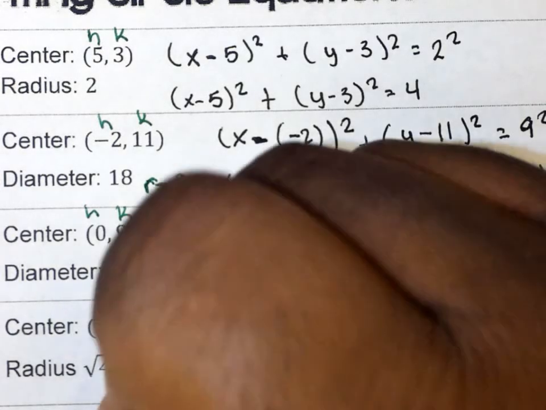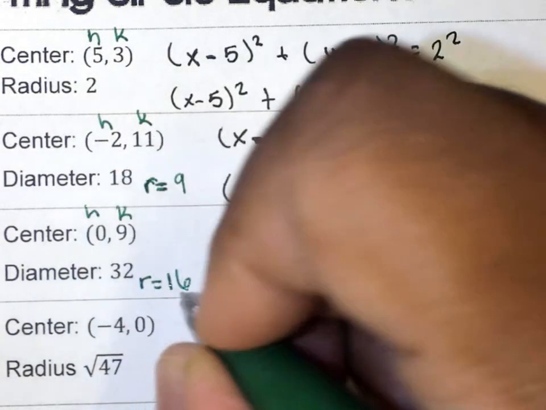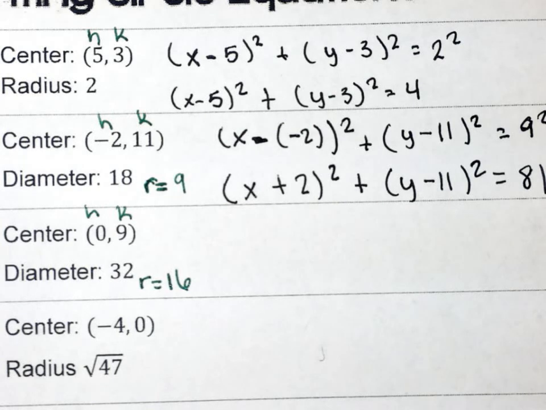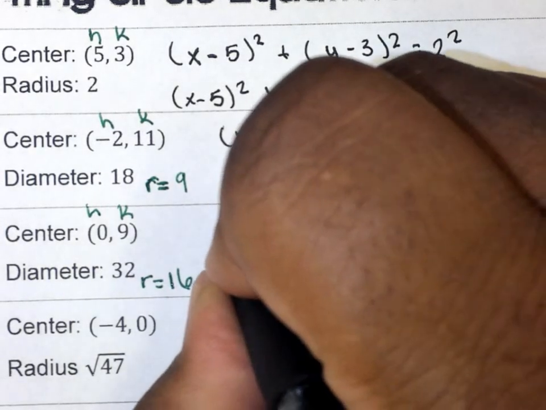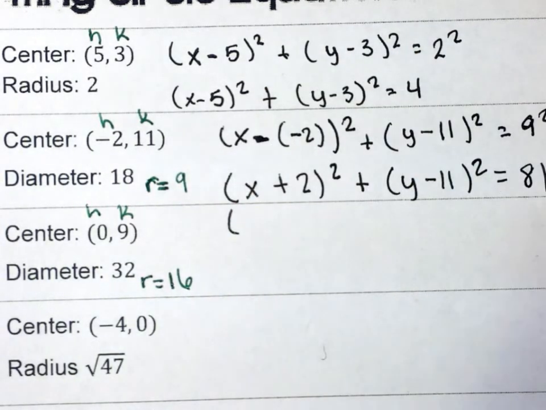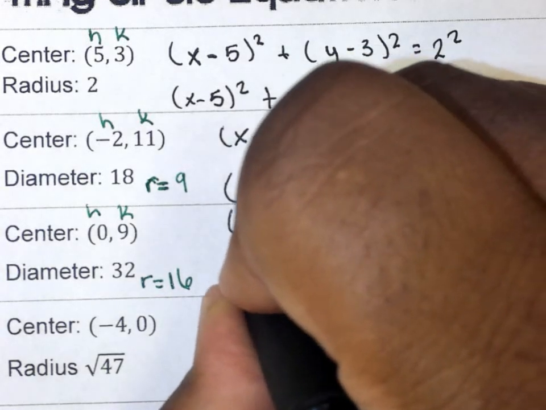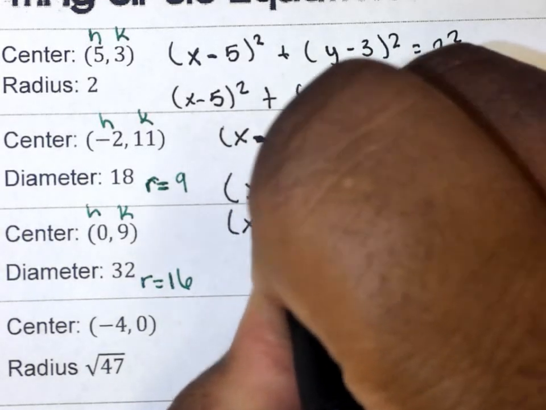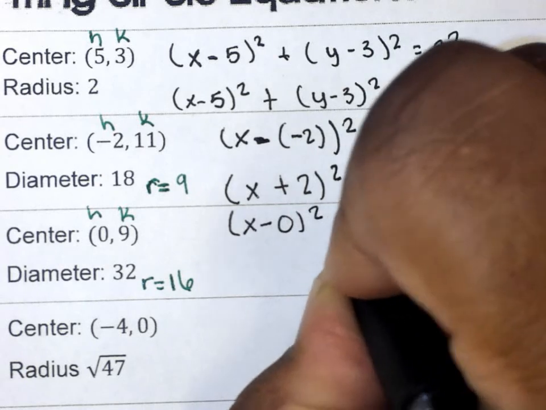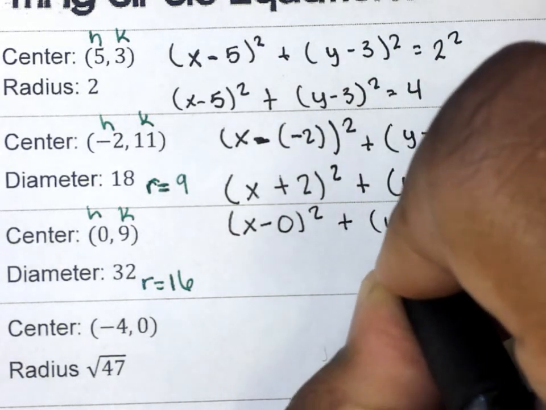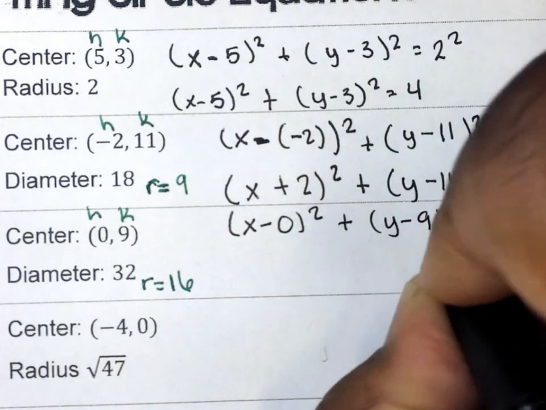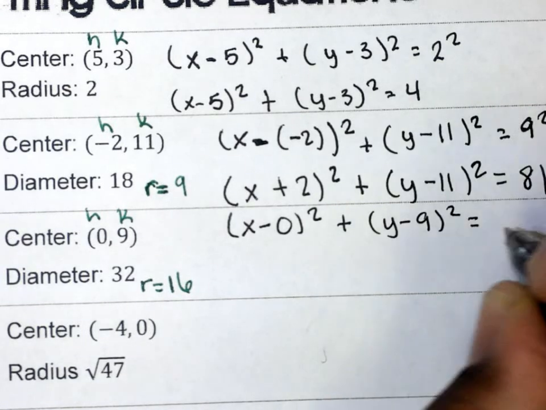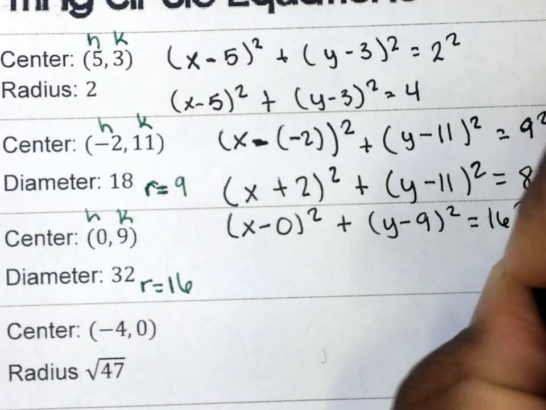He's going to let the girls tell you. Oh, okay. Pay attention on this one too. I'm showing you something different. So we've got (x - 0)^2 + (y - 9)^2 = 16^2.